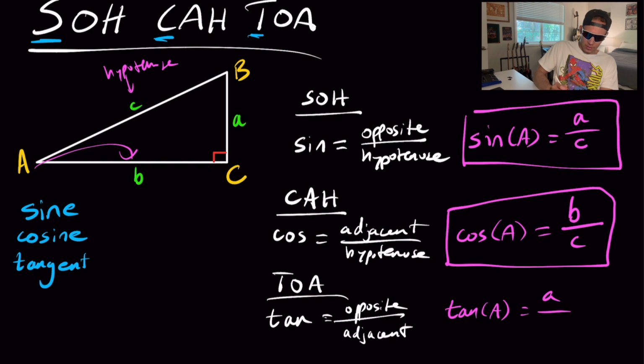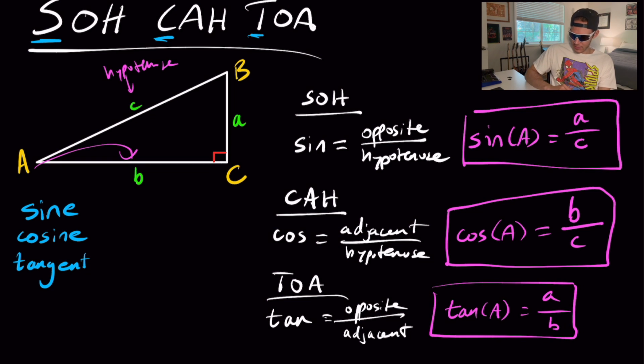So we're going to call side b the one that's adjacent to angle A. And that is the tangent of angle A. This might not mean a lot because we haven't applied it to anything. Over time, you will start to do that, but this is just an introduction to SOH CAH TOA, the trigonometric ratios, and I promise you will use this a lot moving forward, and it will be a big help.